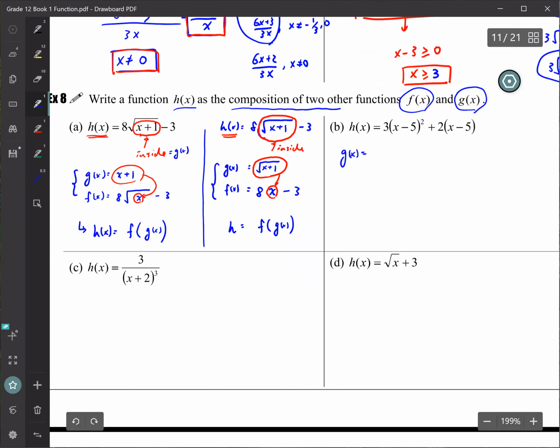And let's keep it consistent. So we'll use g as the inside and f as the outside, okay?